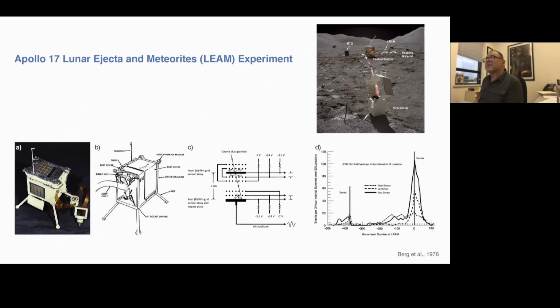So these issues, that we need to learn the dust impact environment of the moon, were recognized very early on. This was the Lunar Ejecta and Meteoroid experiment left behind by Apollo 17, and it worked for 30 lunations or so. Maybe at some other meetings we could discuss what did or did not show up in the LEAM measurements. But dust itself made the LEAM measurements complicated because this instrument overheated during the day.